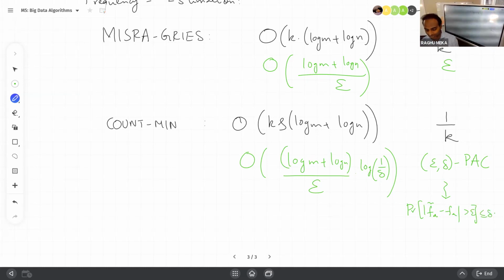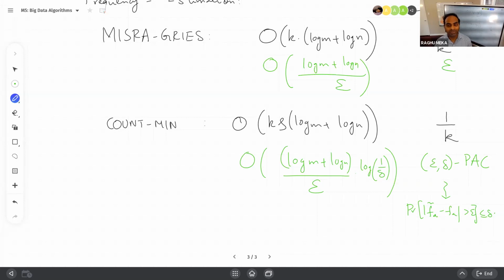Any questions about this? Okay, so that's all I wanted to say about frequency estimation, where we are trying to solve this specific problem. But now let's try and talk about other streaming algorithms, specifically those where in the end you're maybe not interested in a single item's frequency, but some overall statistics of the stream, right?